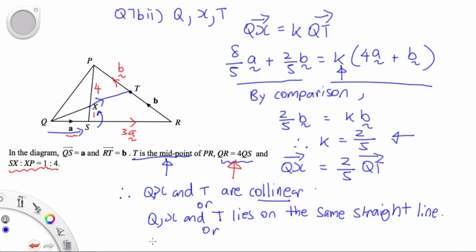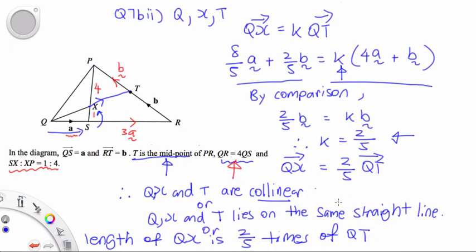So for this case you can also say that length of QX is 2/5 times of QT.